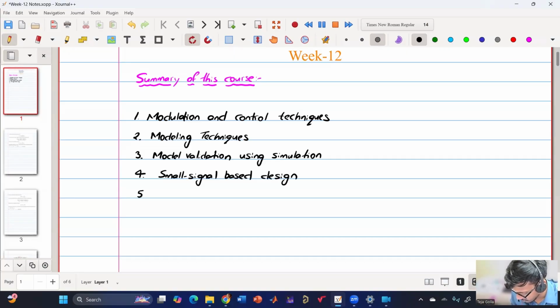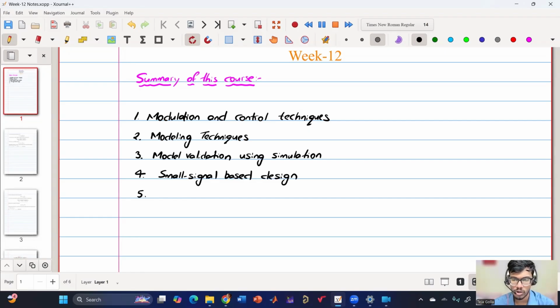Once we get the small signal model, first we got the open loop transfer functions, and then we validated them, and then we moved on to the closed loop for voltage mode control. What type of transfer functions we get is the same as GVD. But in the case of current mode control, we made some approximations and got the first order approximated model. And then we also saw how accurate that model is in order to use it for the controller design.